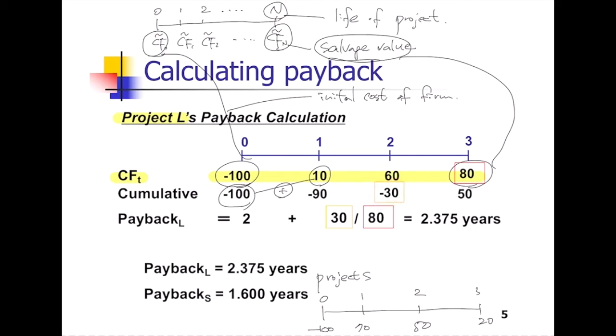And this number is also a summation, so we get 50. Looking at when the cumulative cash flow turns positive, it is between 2 and 3 years. So we can calculate the payback period like this.